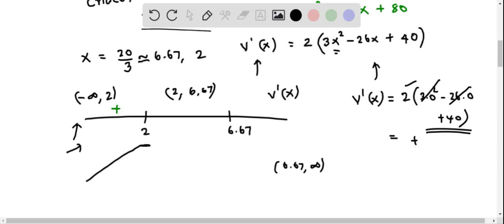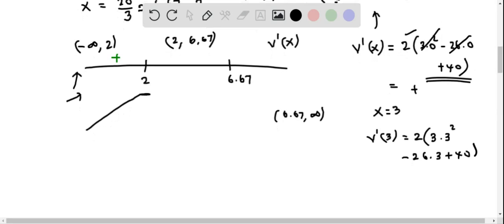Now let's understand the sign in this interval, that is from 2 to 6.7. So once again we can pick some random value of x. Let's say that we pick x equal to 3 and plug it into the v prime of x. So therefore this becomes v prime of 3. This equals 2 times of 3 times of 3 squared minus 26 times of 3 plus 40.